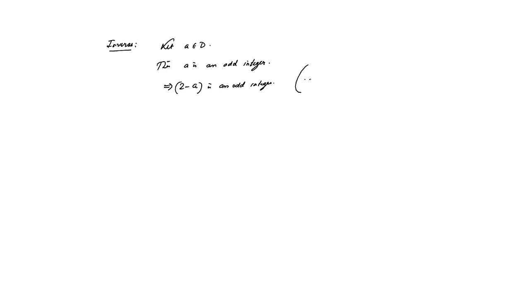Why? Because since A is odd, we can write A as 2k plus 1 for some k belongs to Z. Now 2 minus A means 2 minus (2k plus 1).